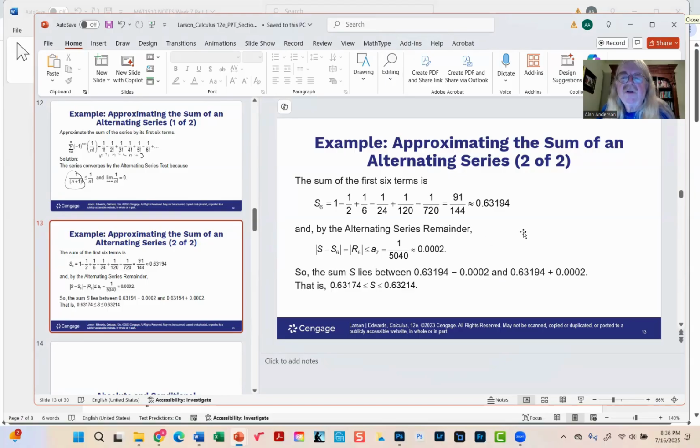And that's approximately 0.0002. So the sum is going to be somewhere in between S_6 plus and minus the remainder. And that's right here. So if you needed to know the exact value without actually adding up all of them, you could come up with a good approximation.